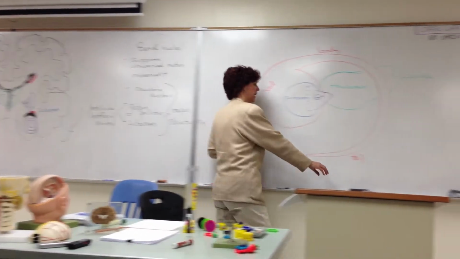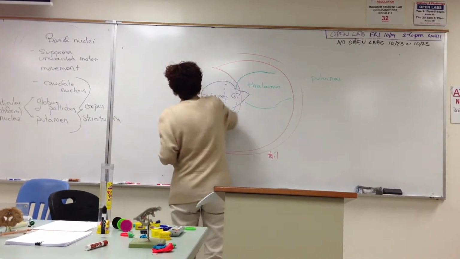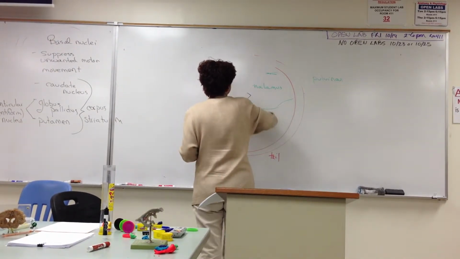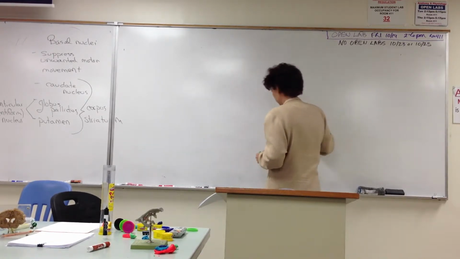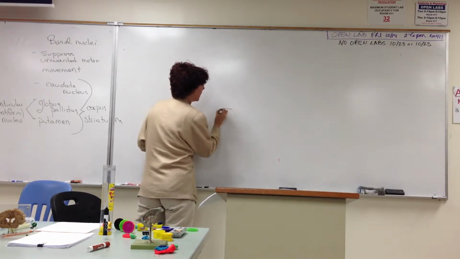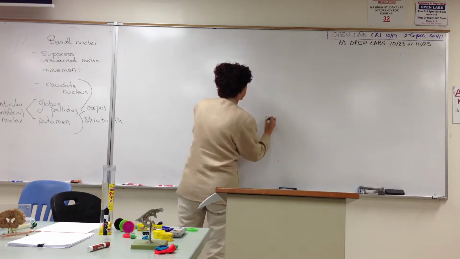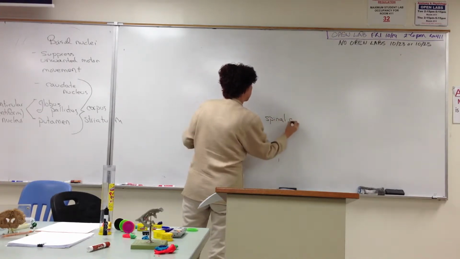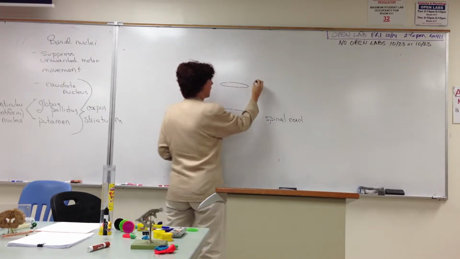So I'm going to diagram it. Can I erase this from earlier? Next Friday, we're going to look at sensory pathways, and we'll do this in a little bit more detail. But let's say that this region right here is spinal cord. And this will be a section through the brainstem.